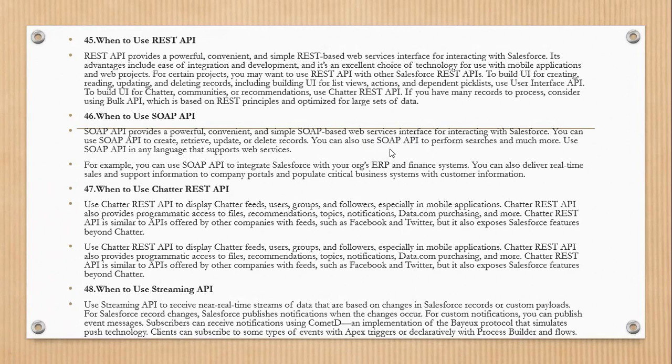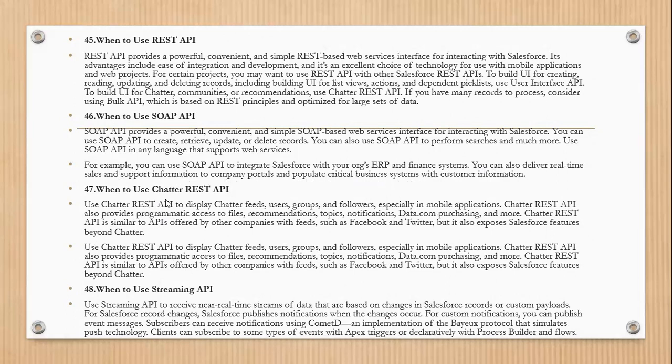You can also use it to perform searches and much more. Use SOAP API in any language that supports web services. For example, you can use SOAP API to integrate Salesforce with your ERP and finance systems, deliver real-time sales support information to company personnel, and populate critical business systems with customer information.